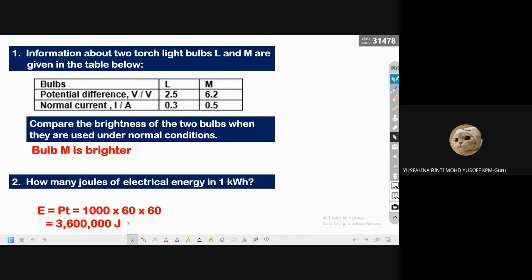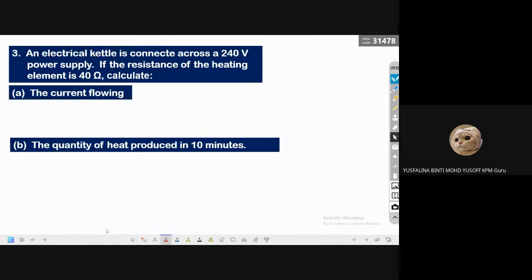I prefer for you to change it to 3.6 times 10 power of 6 joule. So I prefer that you change the answer to this one. Just be careful when they have another number at the back here. Make sure you round it off correctly.